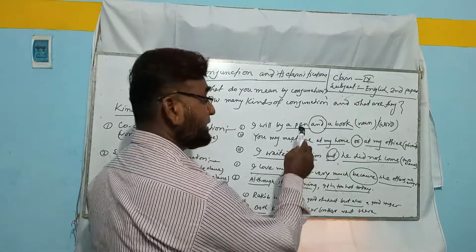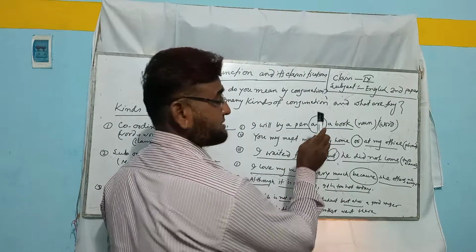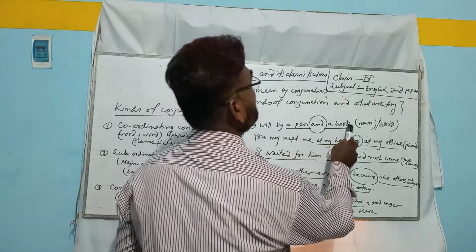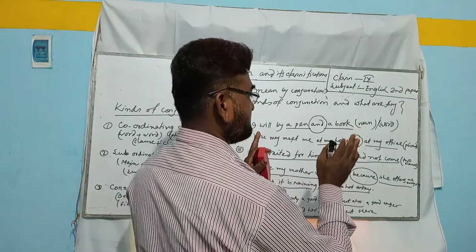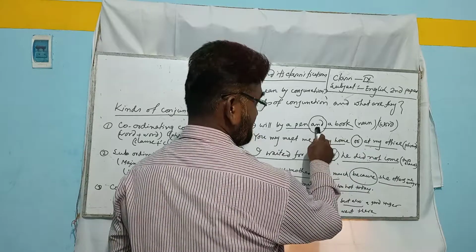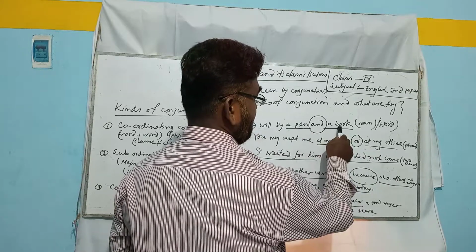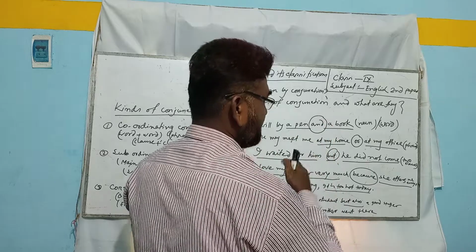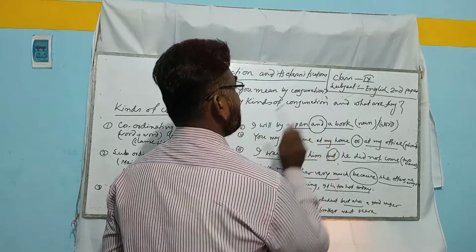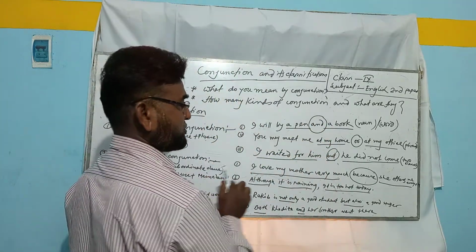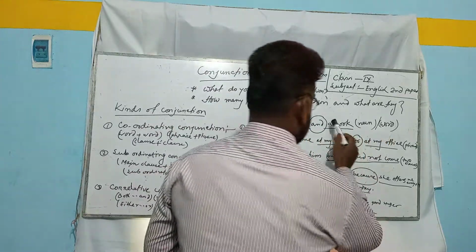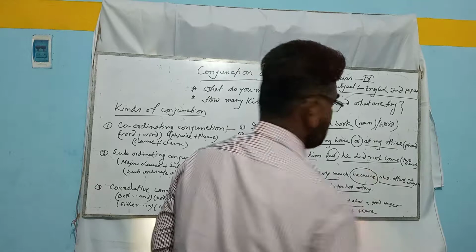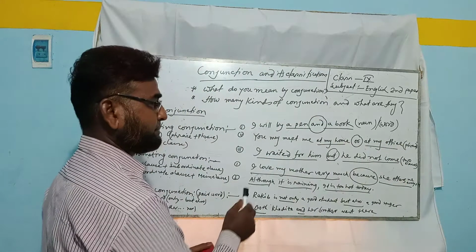Dear students, here 'and' is a conjunction because a pen and a book are both nouns, and with this conjunction they have been joined. So 'and' is a coordinating conjunction. It is an example.